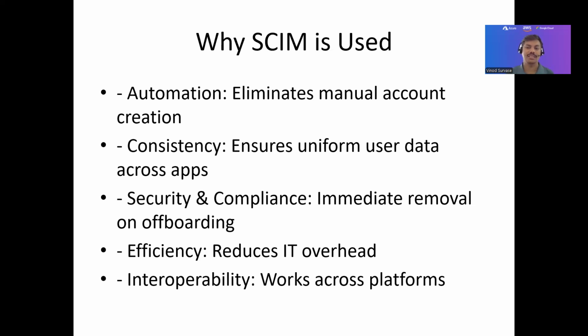Then security compliance, which is going to be immediate removal of access when something is happening, right? We want to simply offboard the user or identity. Then we can simply block that access and take down the systems, everything together for that respective identity. Efficiency, which of course reduces the IT overhead for onboarding and offboarding across different systems, because if we don't do that, we have to provision identities manually on each different system.